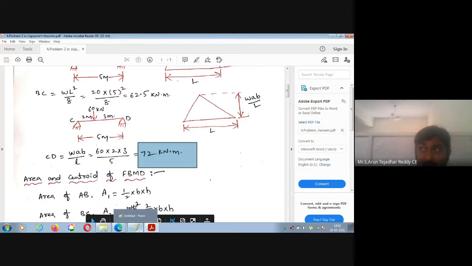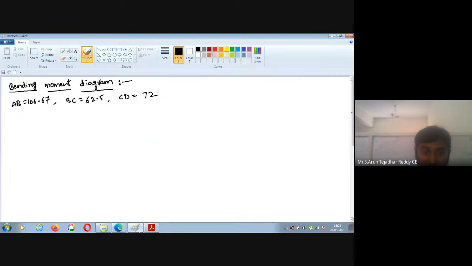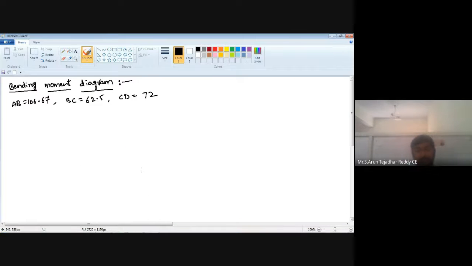Next, just now we calculated MA, MB, MC, MD. Same values right here. MA we got 0. MB we got some minus value, what is the value of MB? 56.81. What about MC?